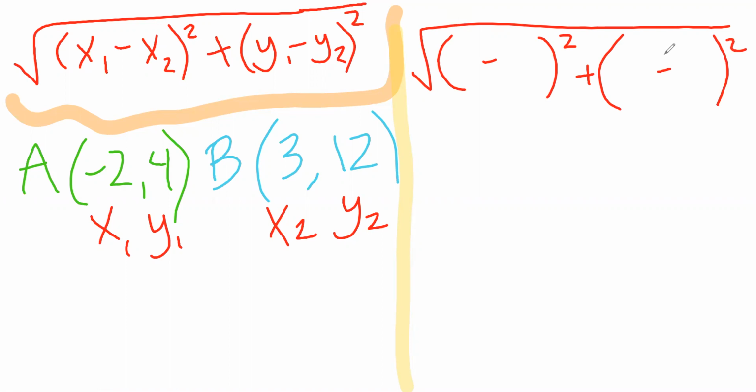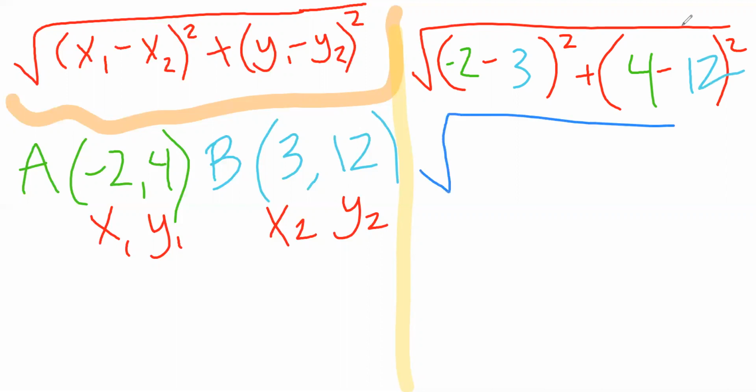I have -2 here for x1, and then we have 3 for x2. So x1 minus x2. And then we have 4 for y1, and then 12 for y2. We're just going to go ahead and simplify this using PEMDAS, right? So first do what's inside the parentheses. So here, -2 minus 3 gives us -5. And then inside these parentheses, 4 minus 12 gives us -8.